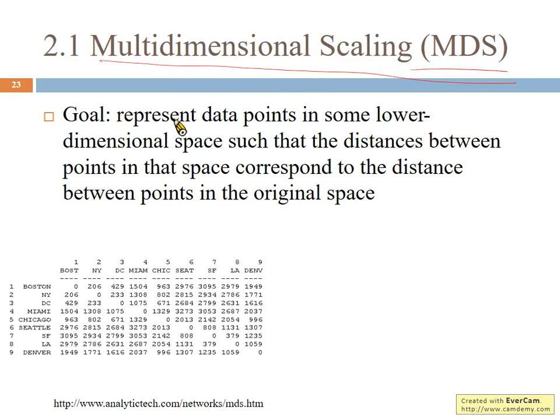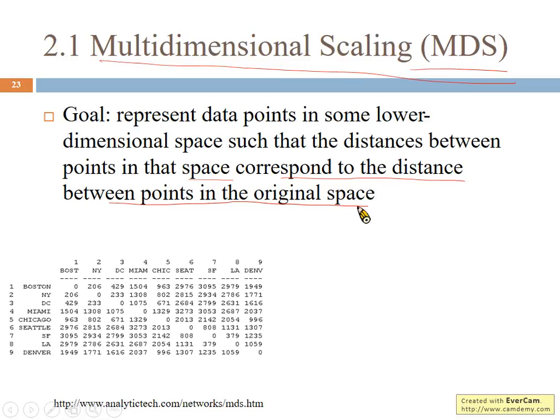The goal is to represent data points in some low-dimensional space, such that the distance between points in that space corresponds to the distance between points in the original space. In a word, we want projected data that have a similar distance relationship to that in the original space.